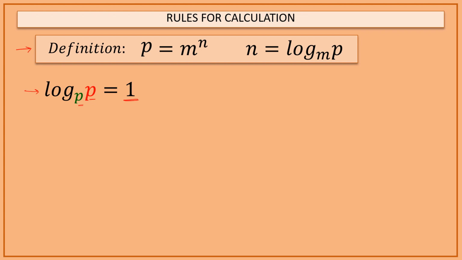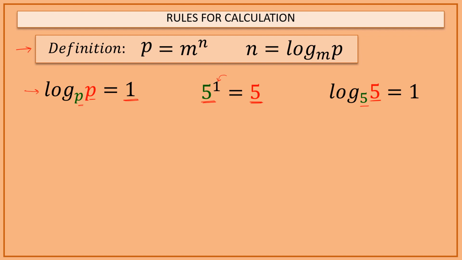Let us take an example to understand what this rule says. For example, we can express the number 5 as 5 raised to the power 1. Now this 1 can be expressed in logarithmic scale as logarithm of 5 to the base 5.